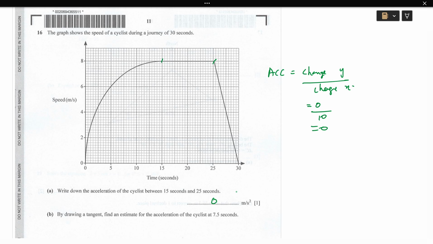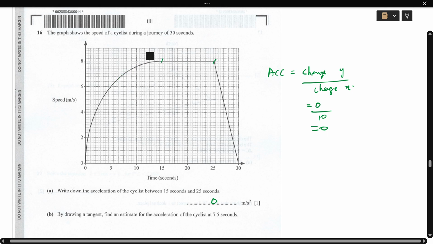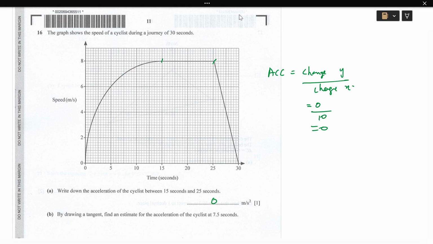By drawing a tangent, find an estimate of the acceleration at 7.5. So 5, the midpoint is 7.5. So I'll draw a tangent. With the ruler, we have to draw it so it will touch in only one place. So I'm not clear. It will touch only this place.